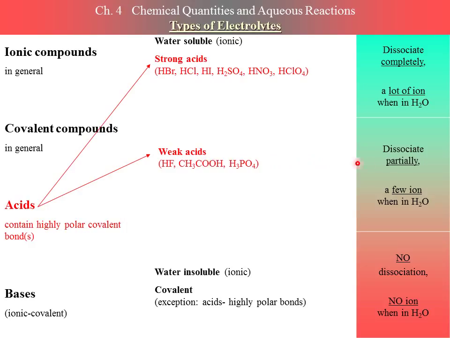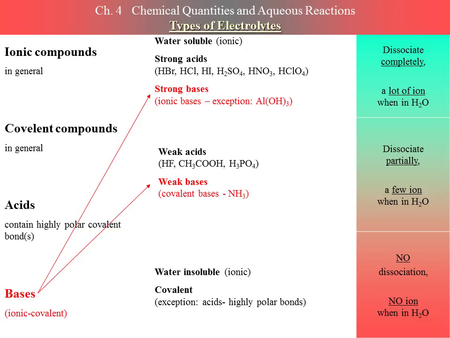When they are weak, they are going to give some ions, since they are going to dissociate only partially. Bases. We have the strong bases and we have the weak bases. The strong bases are going to give a lot of ions. The weak bases, that's only one, the ammonia, it's going to give only a few.